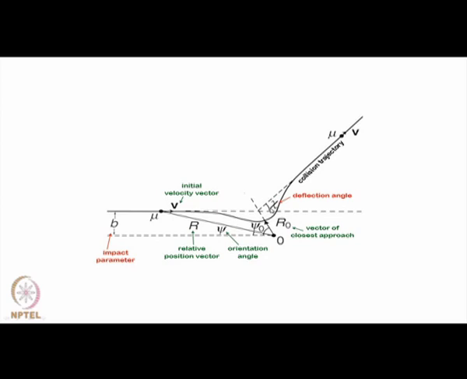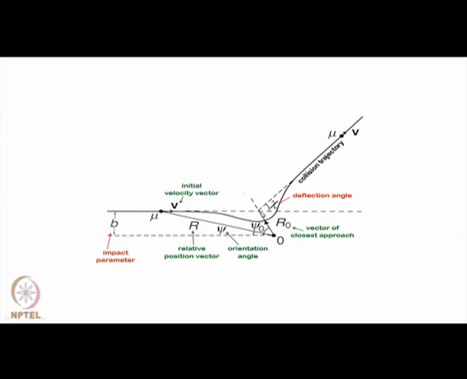Now, in this case, if there is no attractive potential, no potential acting between the interacting particles, then it should have followed this dotted, that is dashed, line.